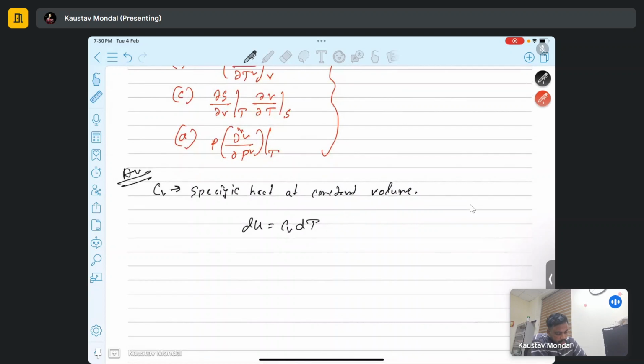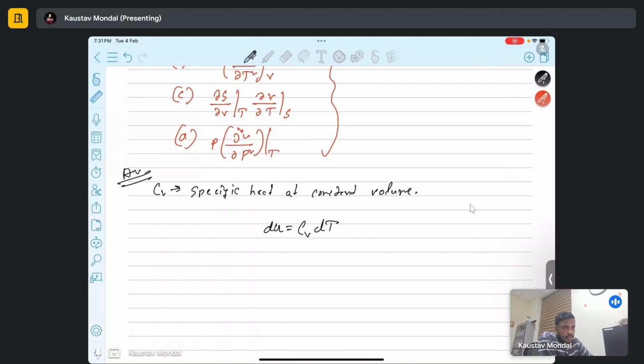So we can write Cv as simply del U del T at constant volume.